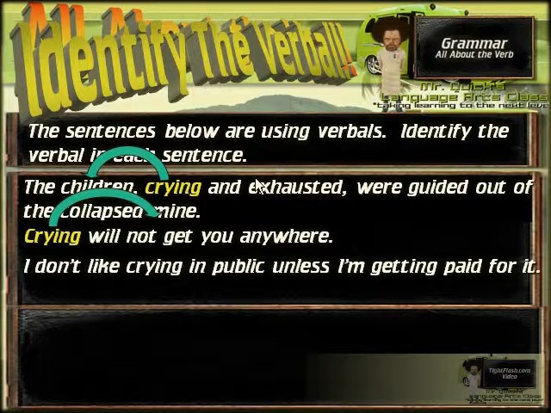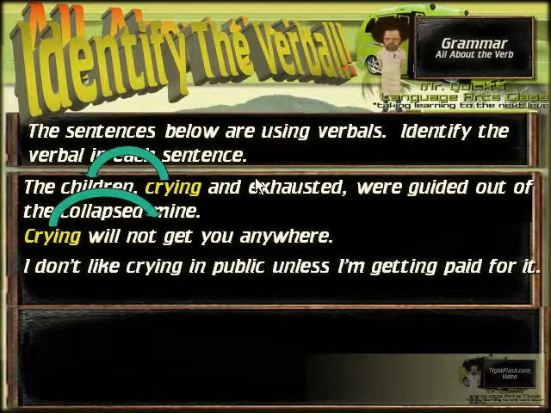So what can crying be doing here? Like, of course, is, as we have already learned before, a helping verb. And if it's helping, or is it? No, it's a linking verb. Linking crying to I. Yes, very interesting.